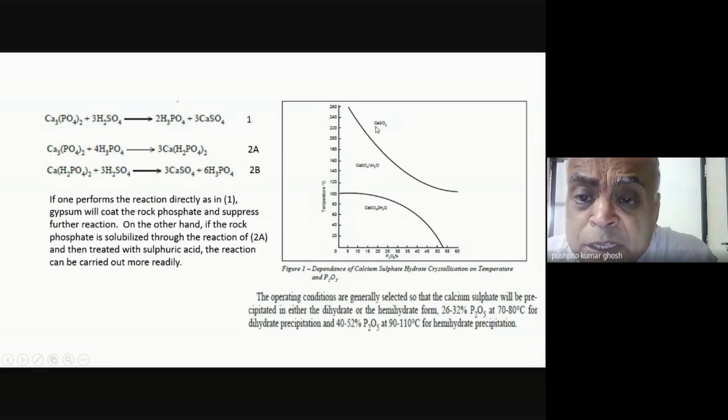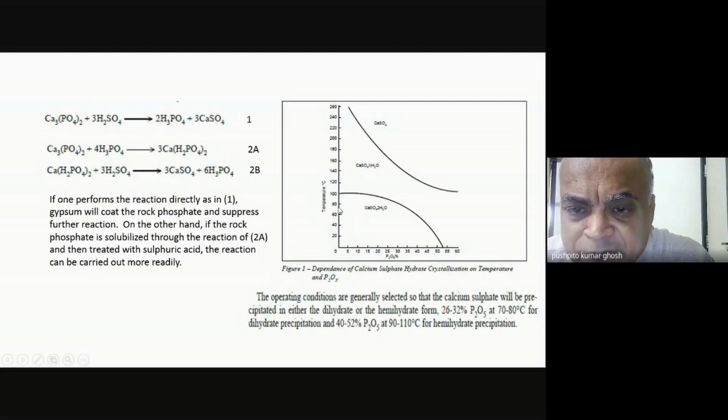So the issue is that these have got different domains of stability. For example, if I want to make gypsum, CaSO4 2H2O, so I cook up my rock phosphate with sulfuric acid, and this is the axis, this is P2O5% and this is temperature, okay? Because P2O5% means I'm making H3PO4, I can express it as P2O5.